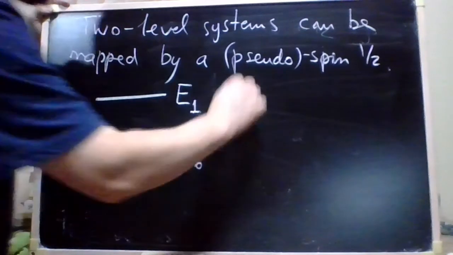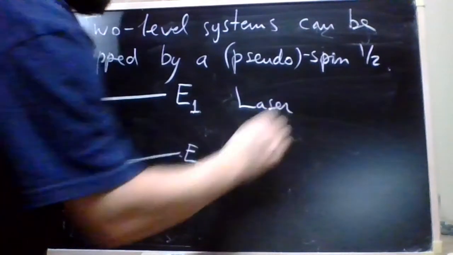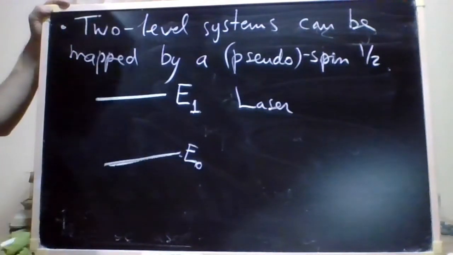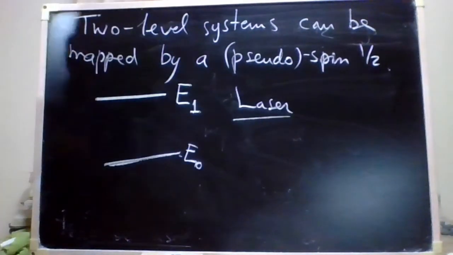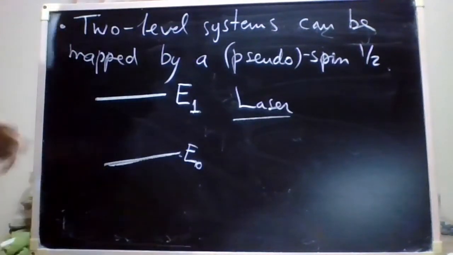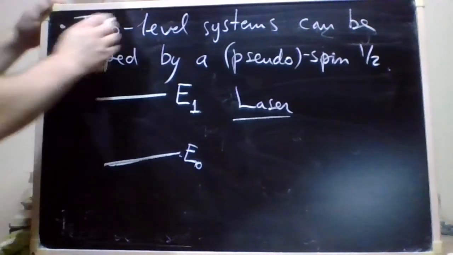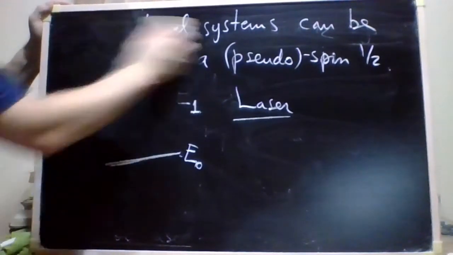So a two-level laser can be modeled by spin half, all right? So let's try to understand a little bit more about the dynamics of this system.